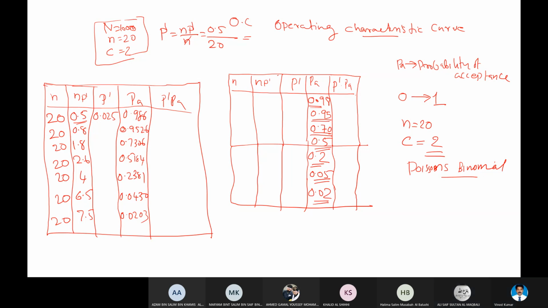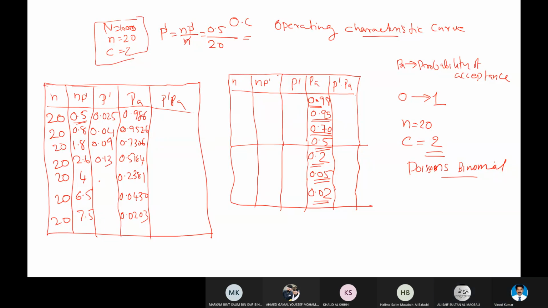Then 0.8 by 20 is 0.04. Then 1.8 by 20 is 0.09. Okay. Then 2.6 by 20 is 0.13.